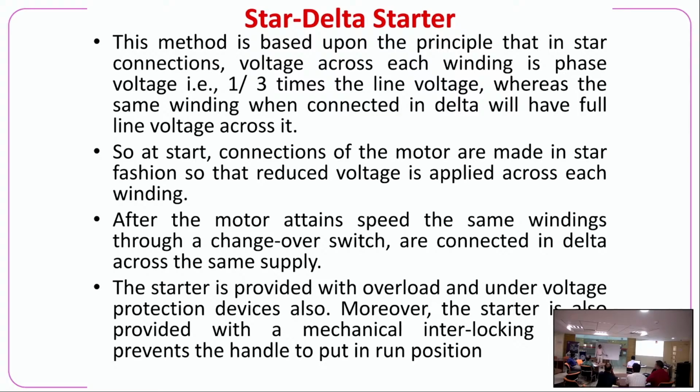Instead of applying rated voltage, in star connection we apply 1 by root 3 times the rated voltage. In the previous method we can change smoothly, but here there is only one change. We apply 1 by root 3, then change to full voltage.